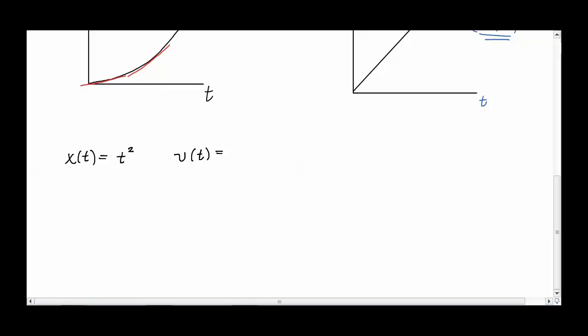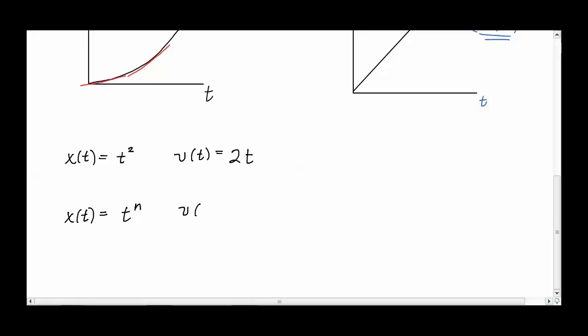And since it's a change, a delta x over delta t, we call it dx dt. Now the answer is 2t. Now how do we get to that?